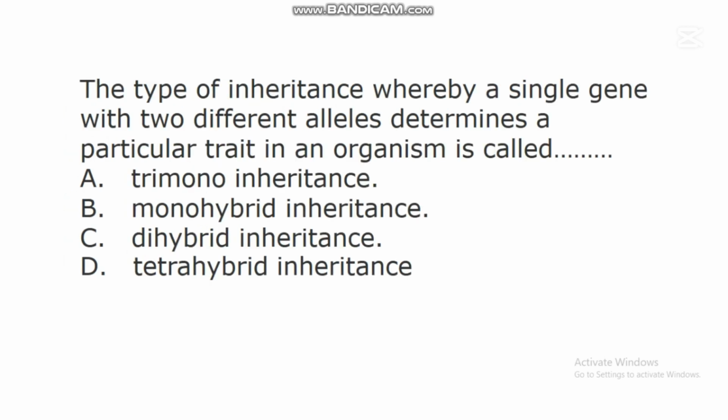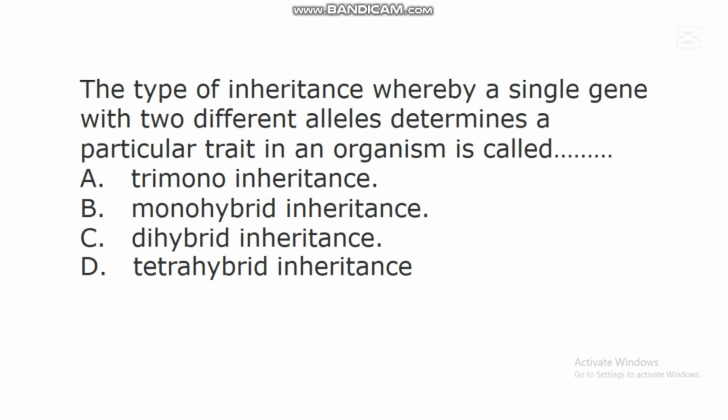The next question says, the type of inheritance whereby a single gene with two different alleles determines a particular trait in an organism is called dash. A. Trimono inheritance. B. Monohybrid inheritance. C. Dihybrid inheritance.